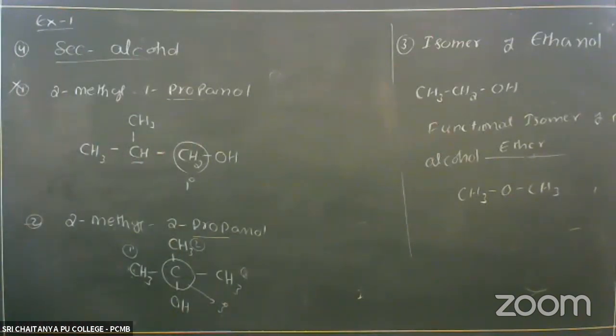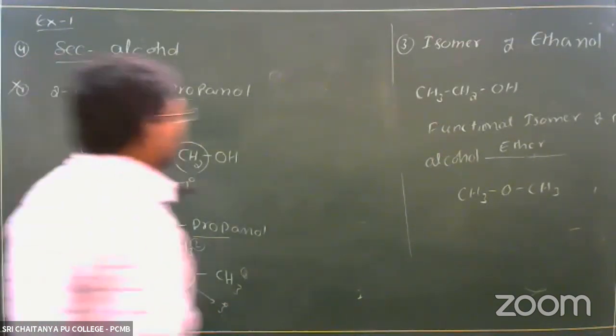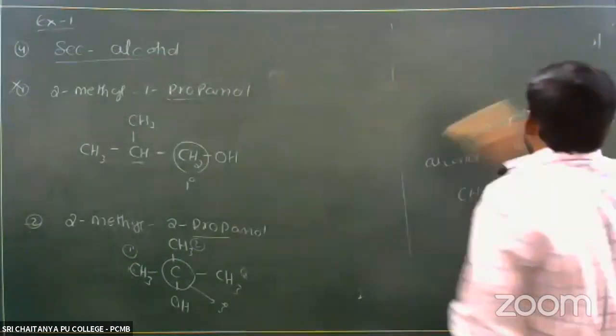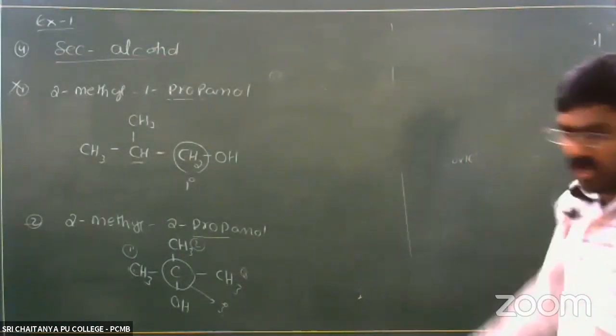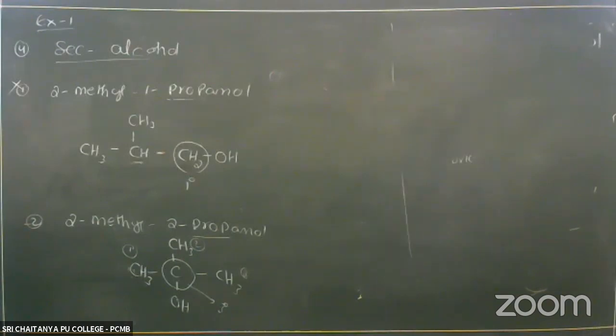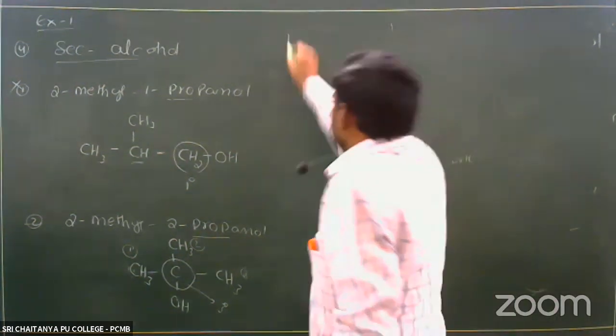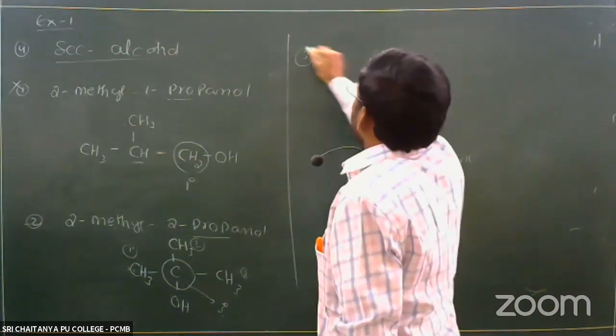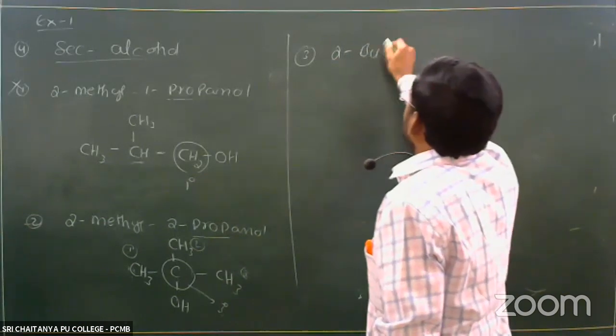Its common name is tertiary butyl alcohol. Here we require the secondary alcohol. Next, the third option, 2-butanol.